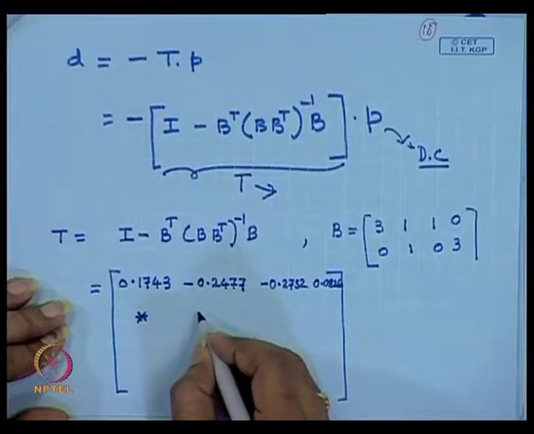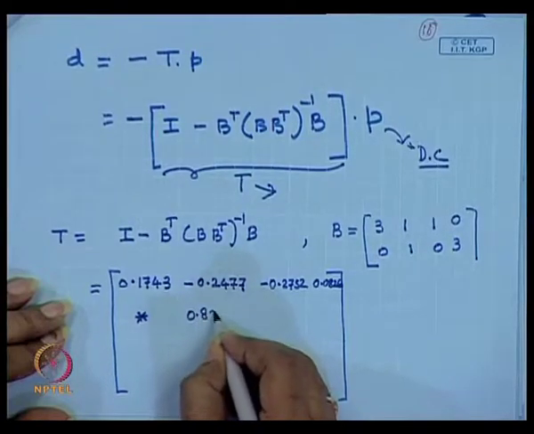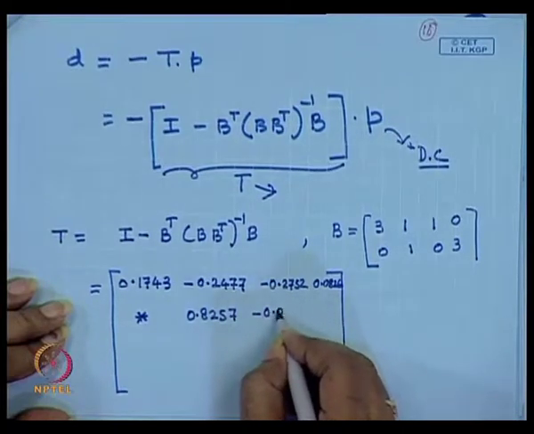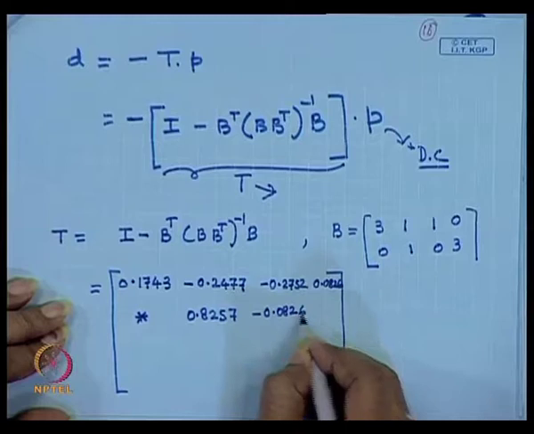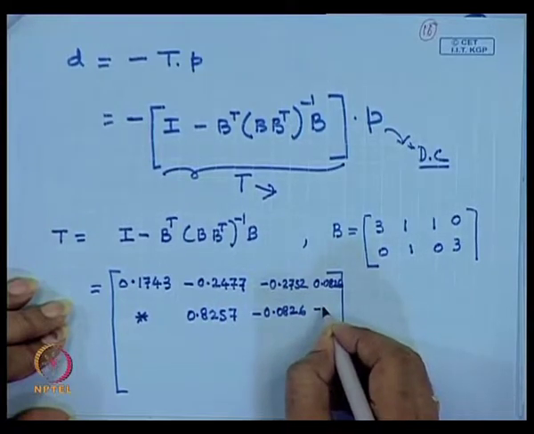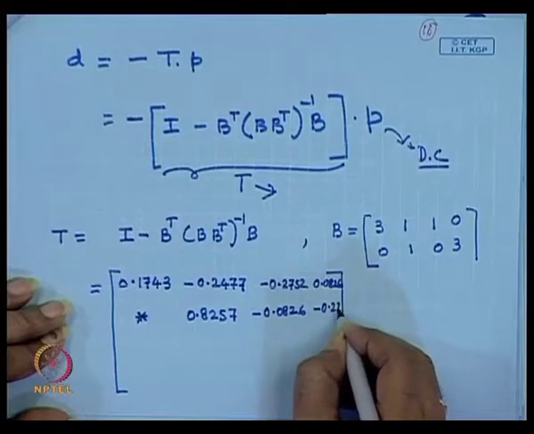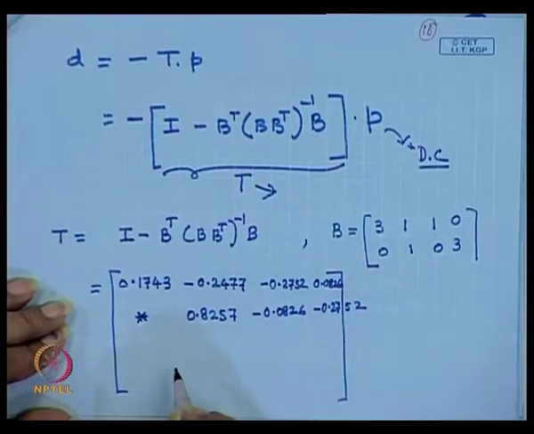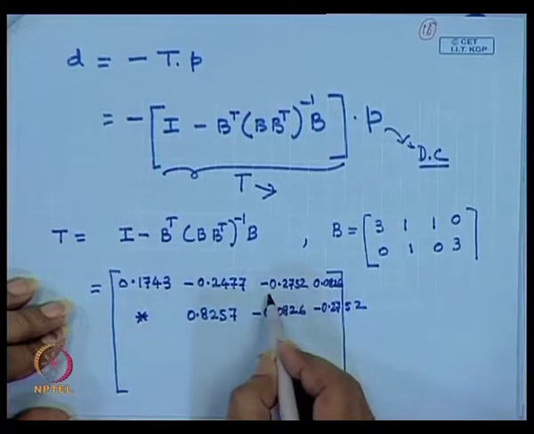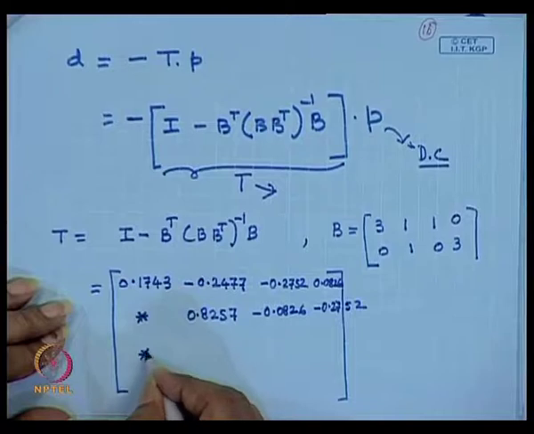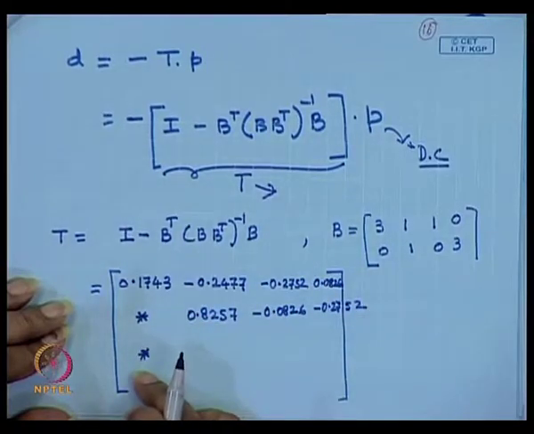Next is 8.257, minus 0.826, then minus 2752. Now the 1 3 and 3 1 elements are the same, since it is a symmetric matrix, so this element will come here. I am not writing it, star means the corresponding symmetric elements are the same.